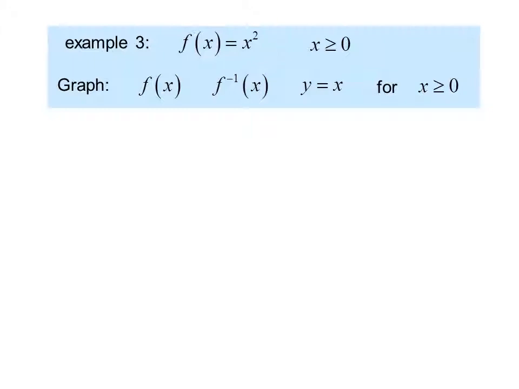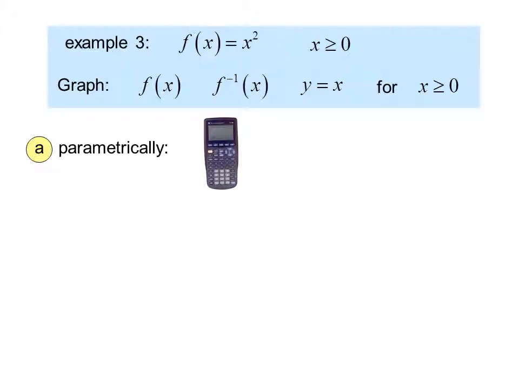Example 3. This is example 3 from some calculus book I used sometime in the distant past. F of x equals x squared, where x is greater than or equal to 0. So we want to graph f of x, f inverse of x, and y equals x for x greater than or equal to 0.